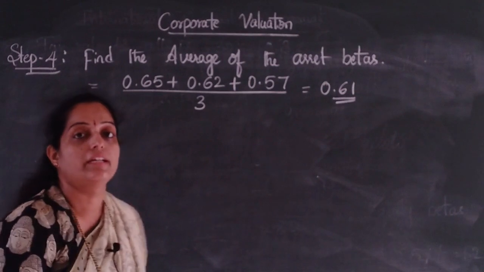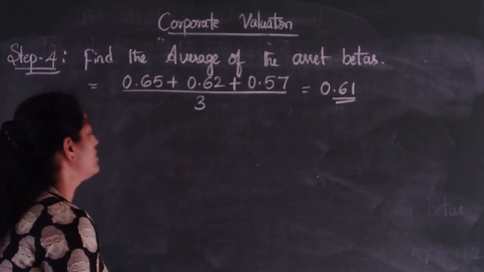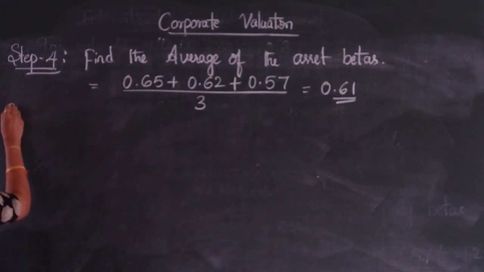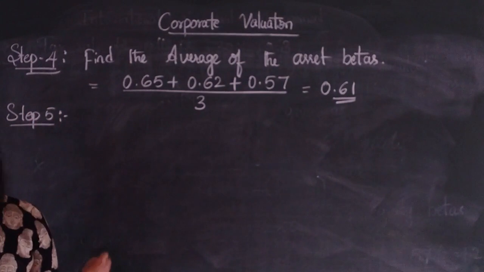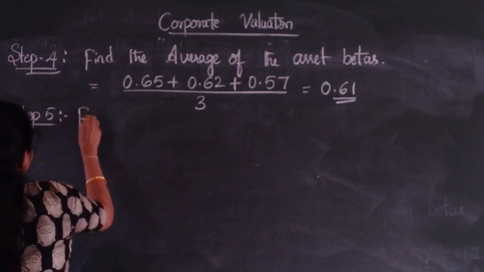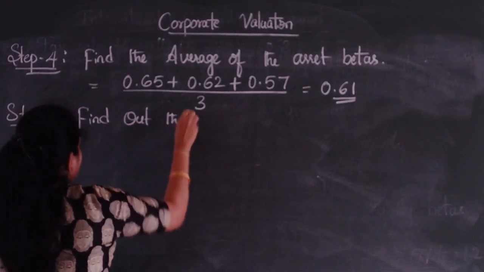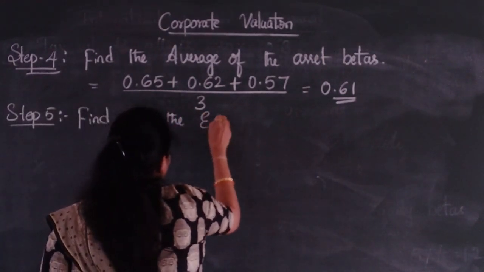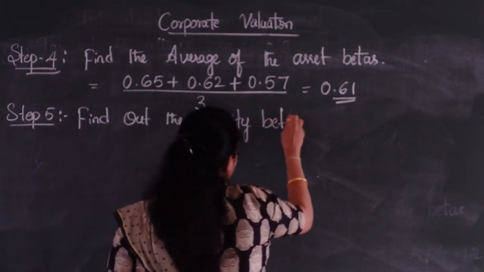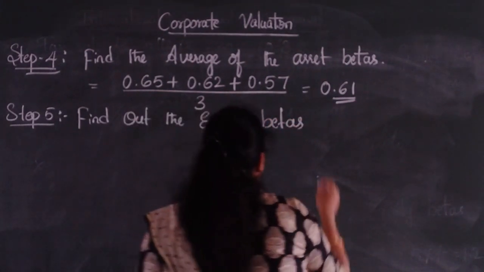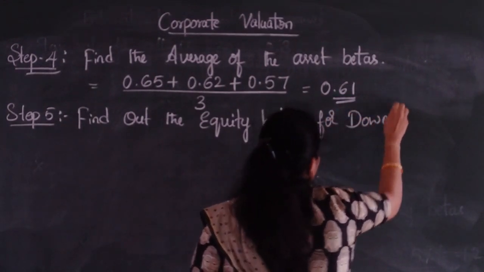After finding the average of all these asset betas, the last step is step 5: find out the equity beta for DOEC Chemicals.